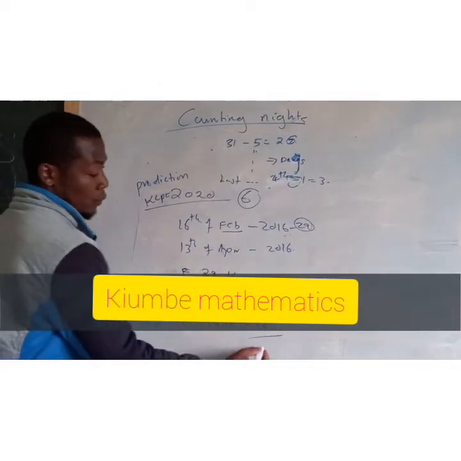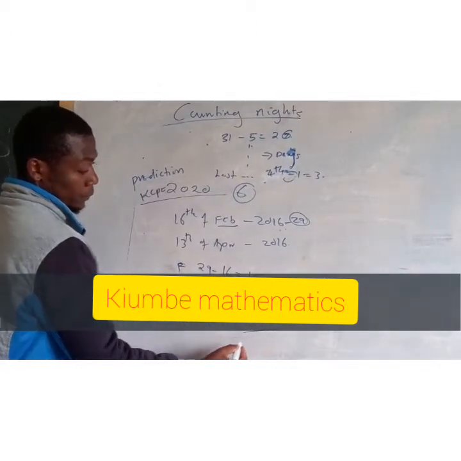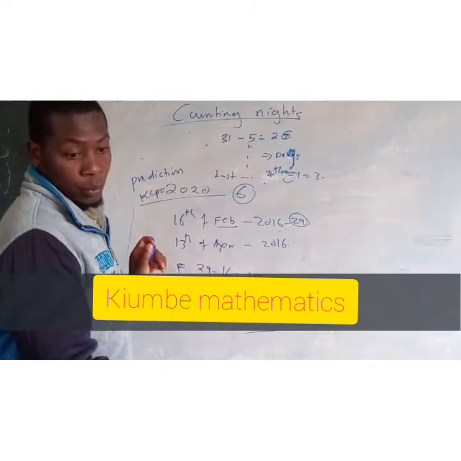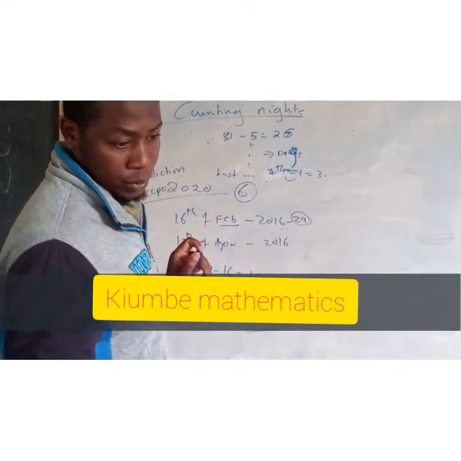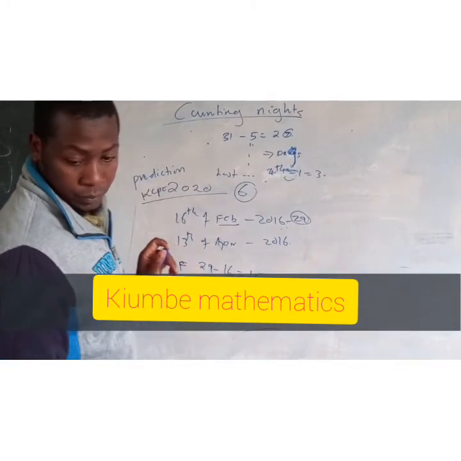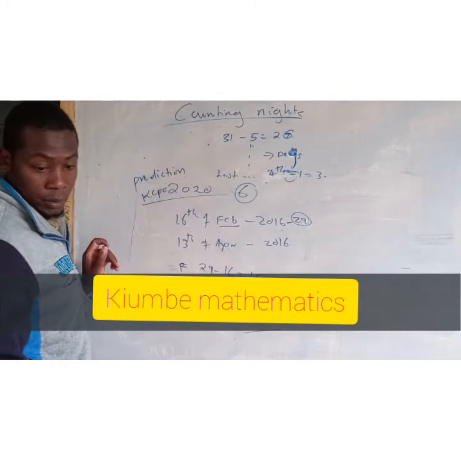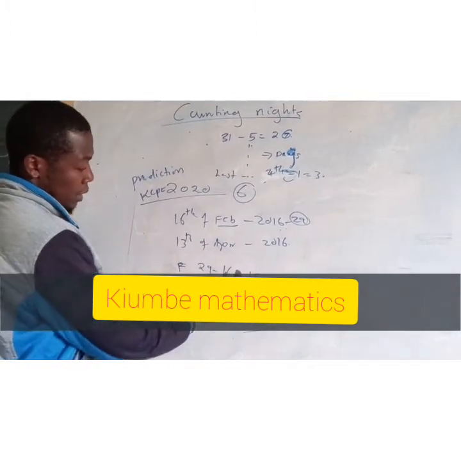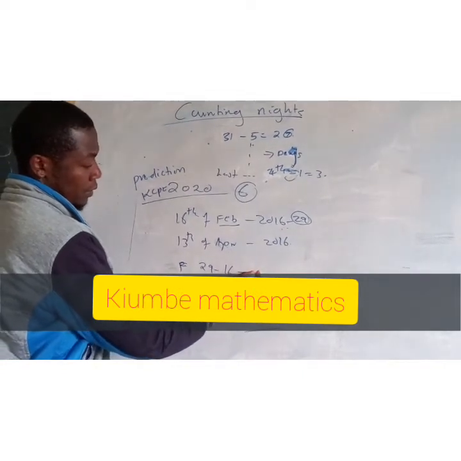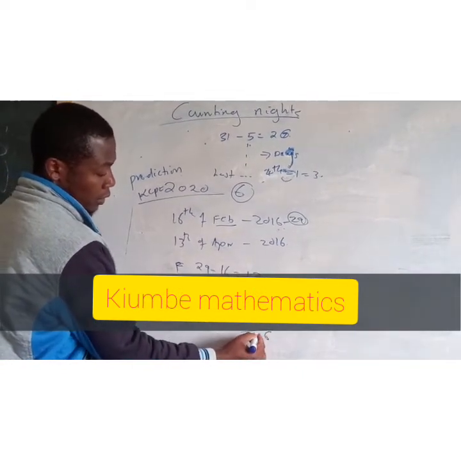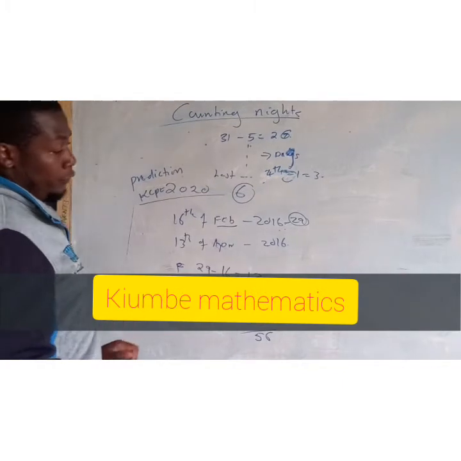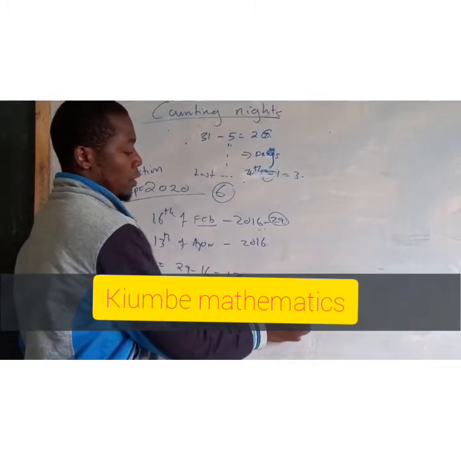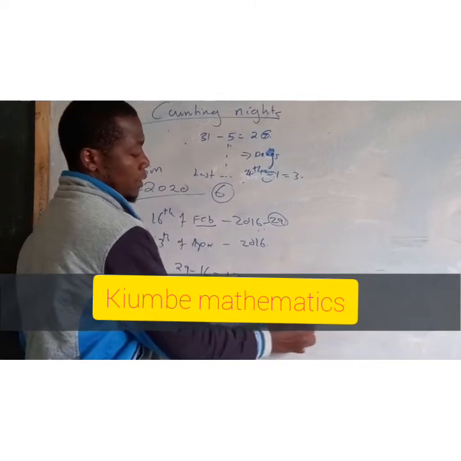Then find the sum, and when you add that you're going to get 56. So John was in hospital for 56 nights.